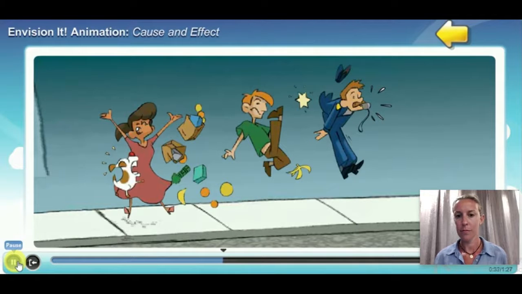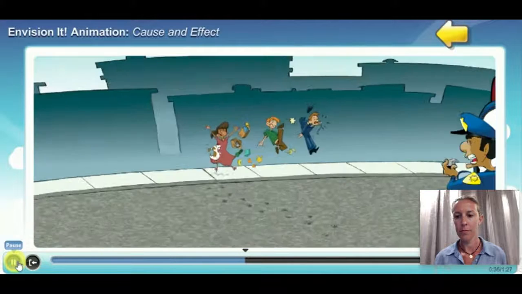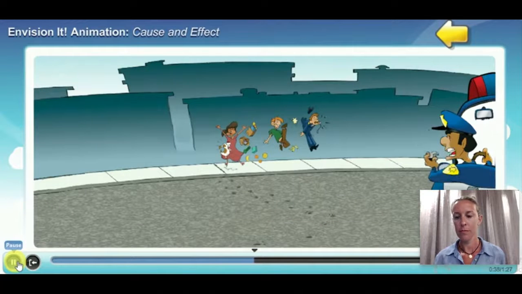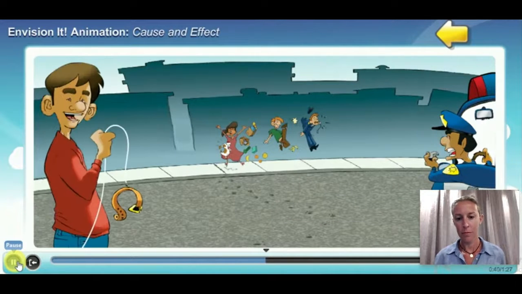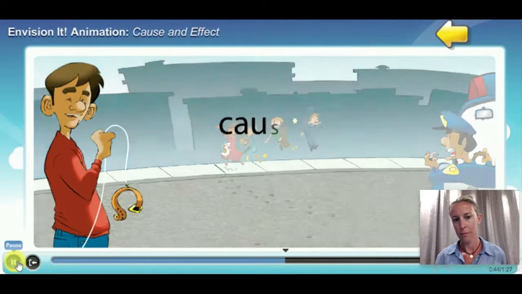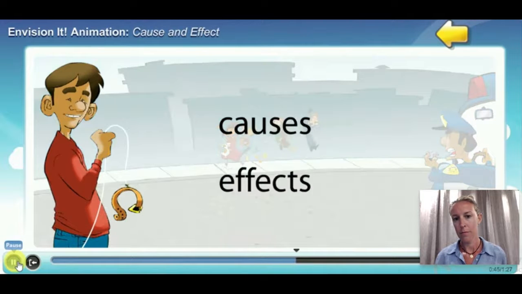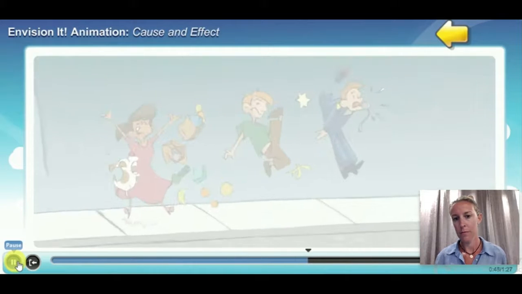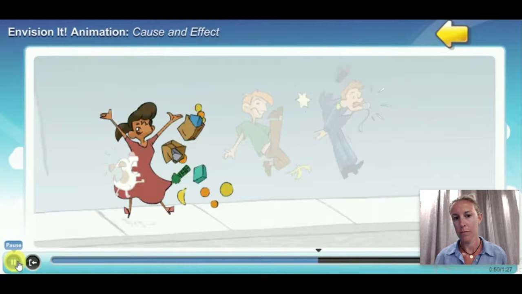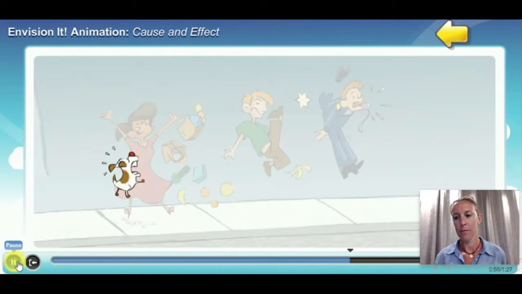He bumped into a police officer who blew his whistle, and his partner sped up like it was a crime scene. There's a lesson in all of this. Look out for causes and effects. An effect is something that happens, like Dana spilling her groceries. A cause is why that thing happens. In this case, because Puddles jumped up on her.